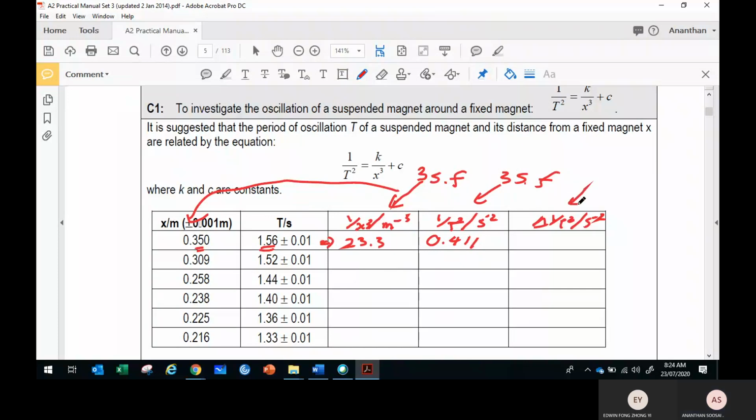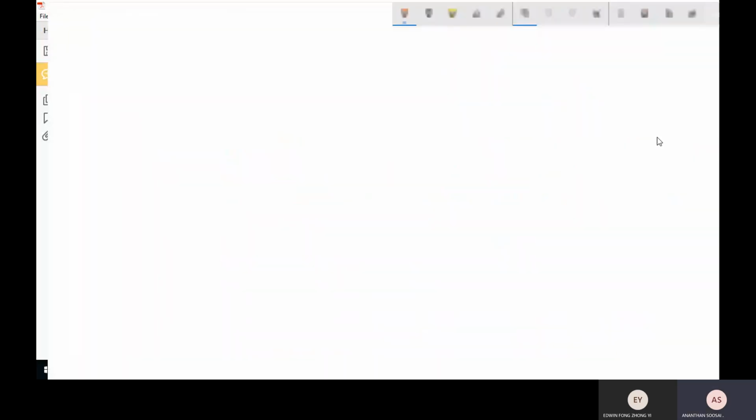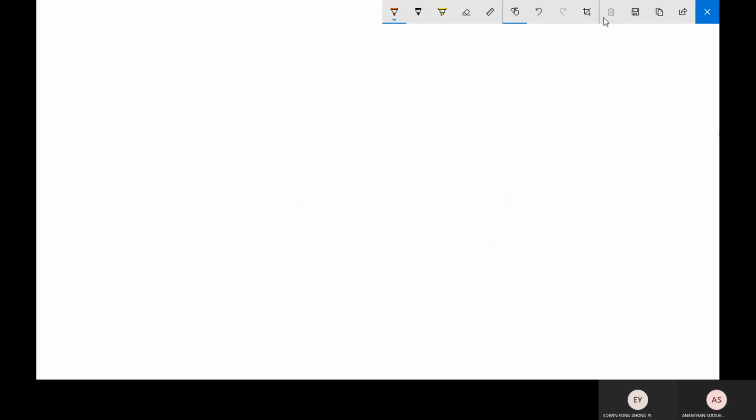Error. Find the error of 1 over t squared. So how to find the error for 1 over t squared? There are two methods. The first method is you create an equation, an uncertainty equation for 1 over t squared.